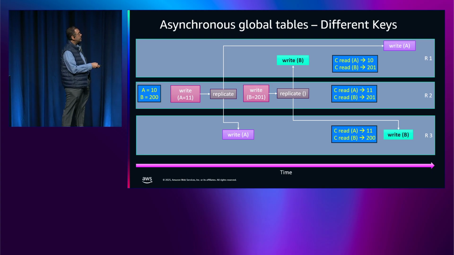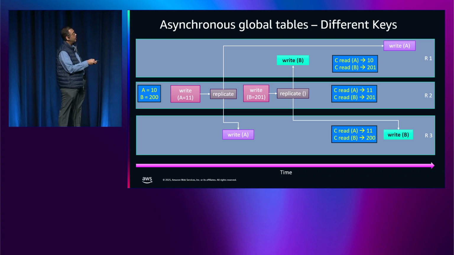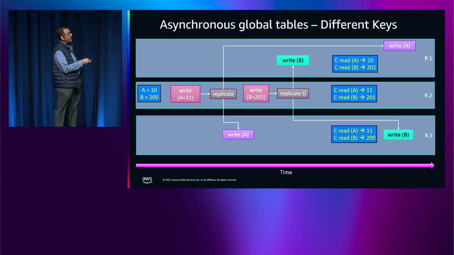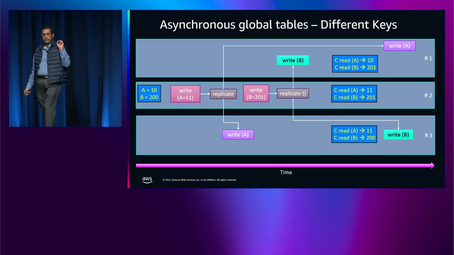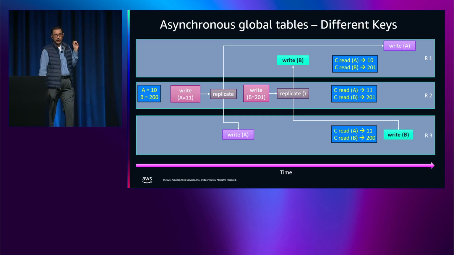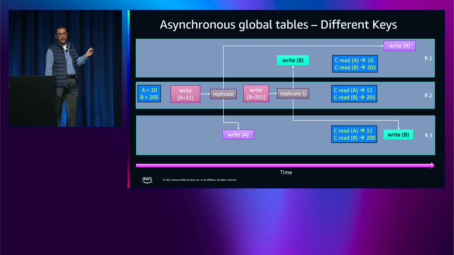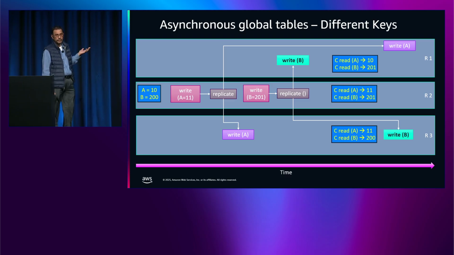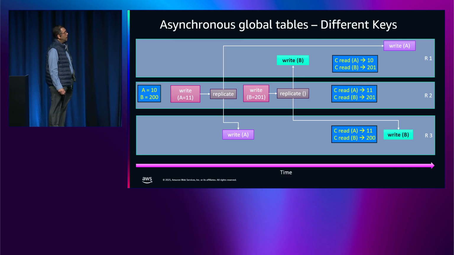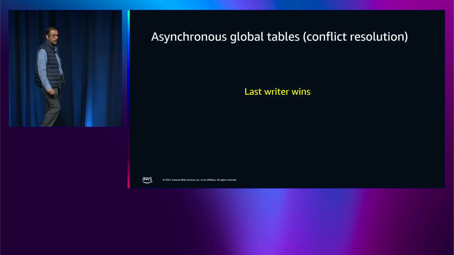Therefore, this replication happens here, the other replication happens here. Notice this write happens after this write. On a per item basis, we can guarantee monotonic reads. Across items, we cannot. Across keys, we cannot. Okay? And the last thing we'll talk about is conflict resolution.